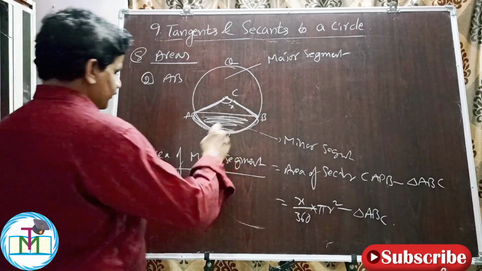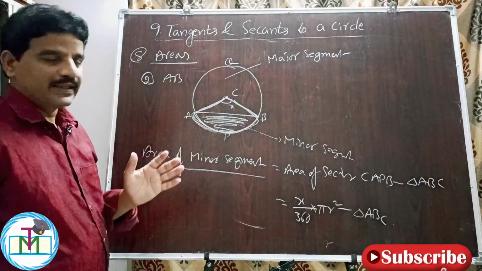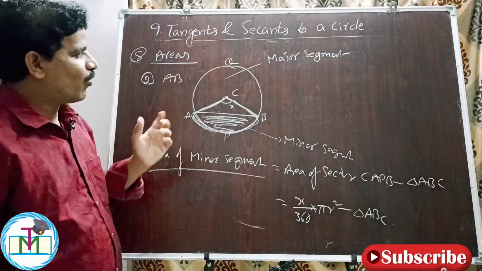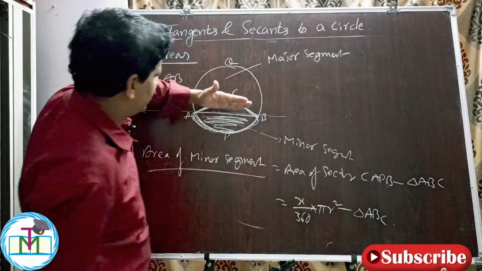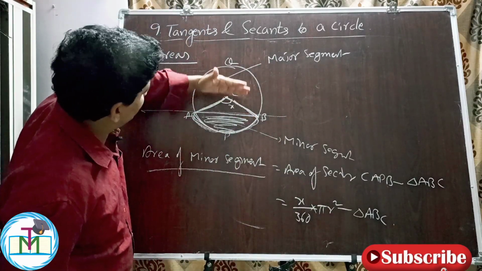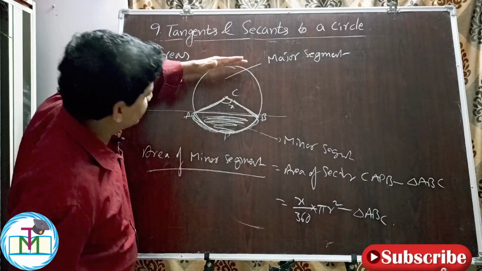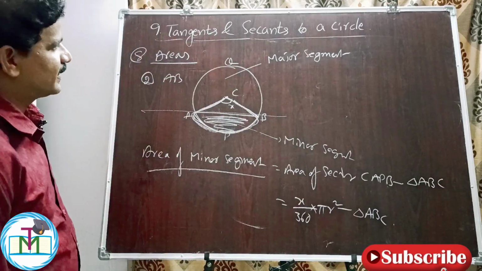Next, one more point is how to find the area of the major segment. What is the major segment here? See here, if I draw like this, the circle area plus this area total, this upper circle area is the major segment.